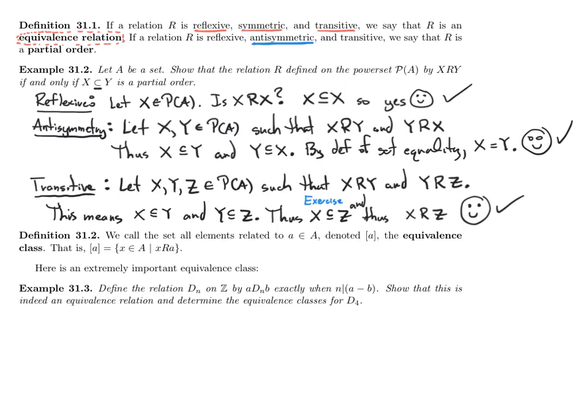Anti-symmetric: the only time an element x is a subset of y and an element y is a subset of x is when they're the same element, when x equals y. So we have anti-symmetry and we have transitivity. If we have these three subsets of A, so elements of the power set, if x is a subset of y and y is a subset of z, then x is a subset of z.